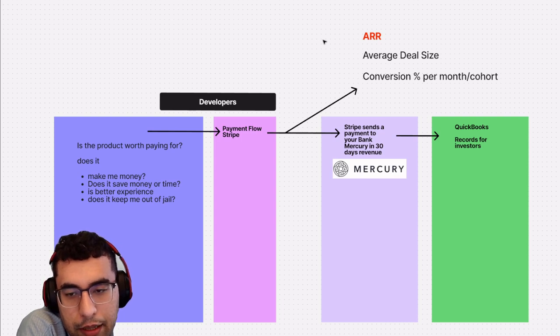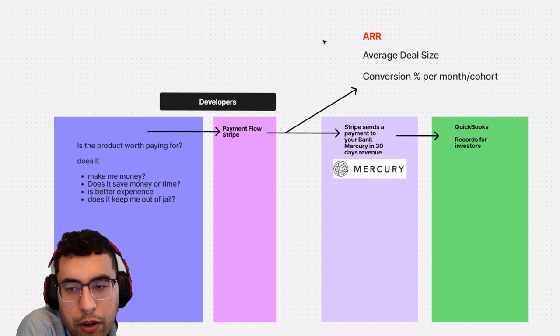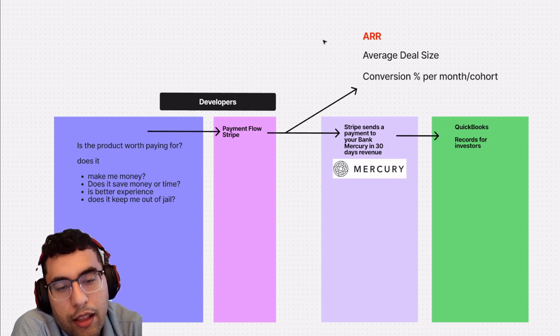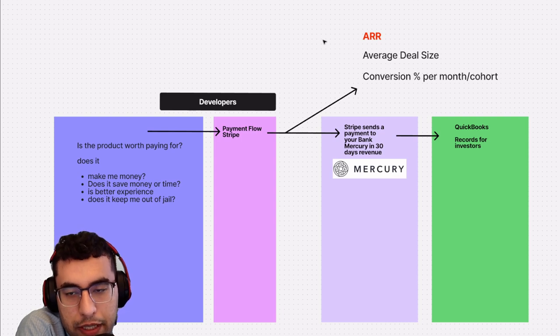And then that payment is what you record to get an idea of what your annual recurring revenue is. That's ARR. And then kind of a conversion percentage per month per cohort. What I mean is that you'll have 1,000 people coming to your website for that month, or 10,000 hopefully, and then only a small percentage of them, let's say 20 or 100, will make a purchase.